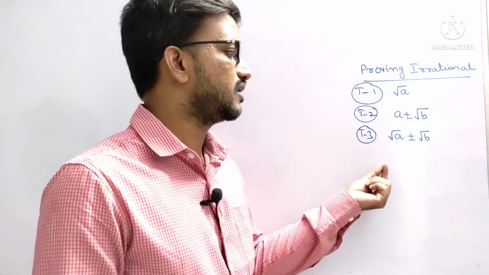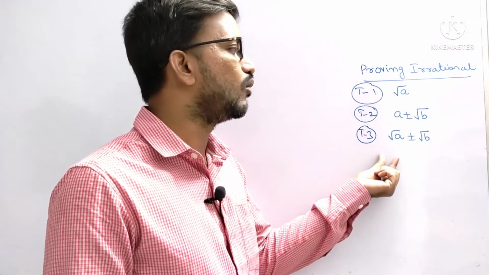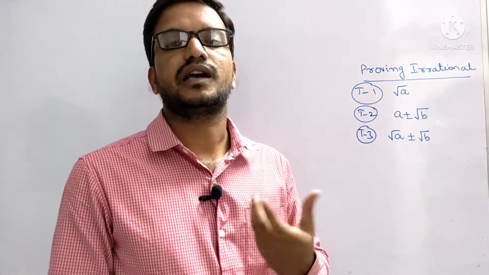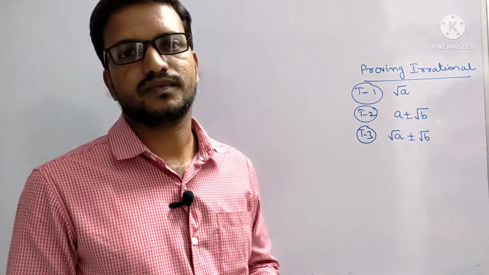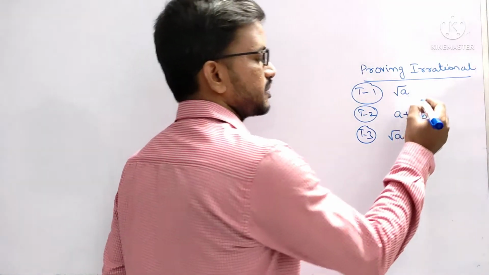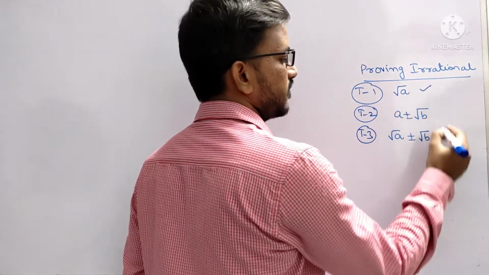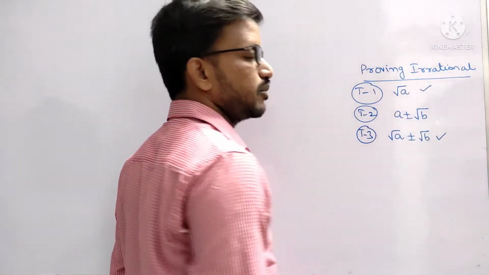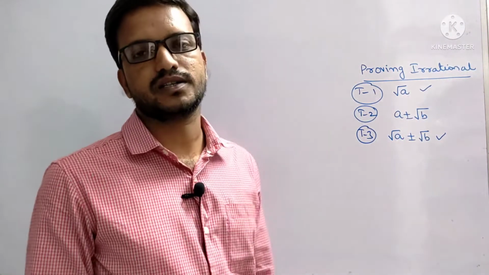So here you can concentrate more on this concept. Definitely you can score maximum marks. So students, you can expect these 2 forms, type 1 and type 3, for 8 marks, and type 2 is for 4 marks.